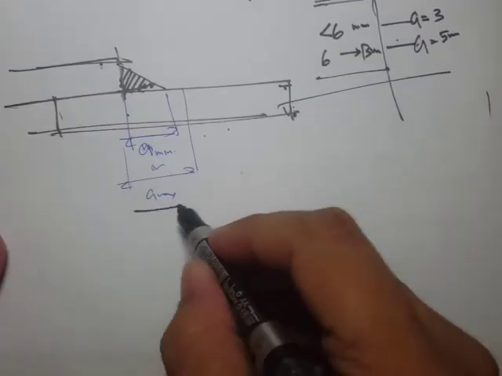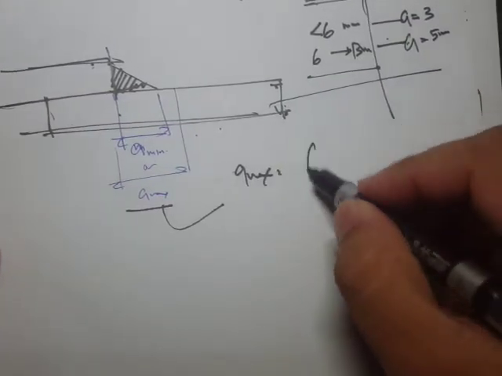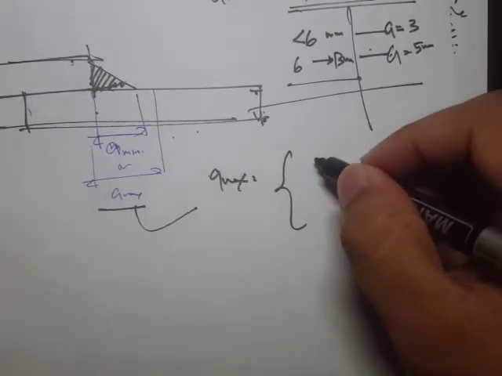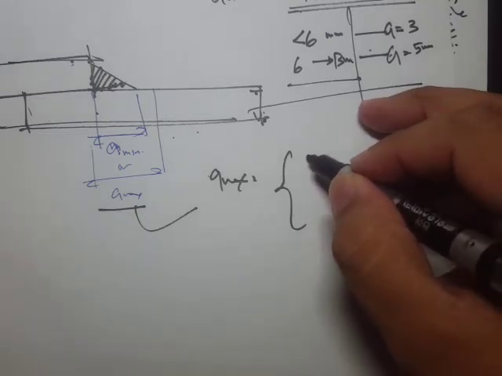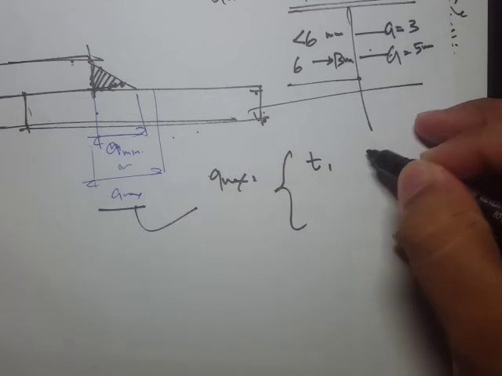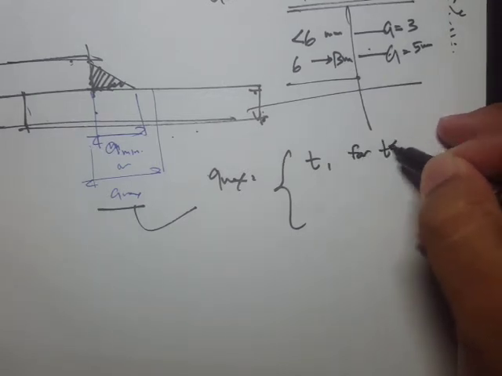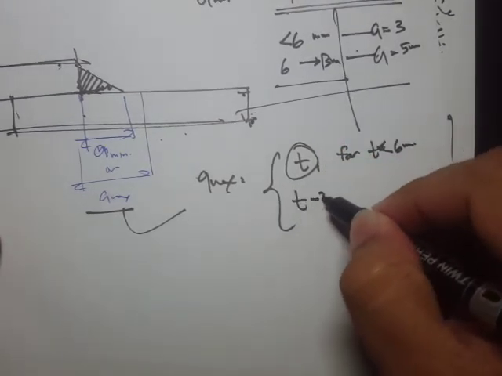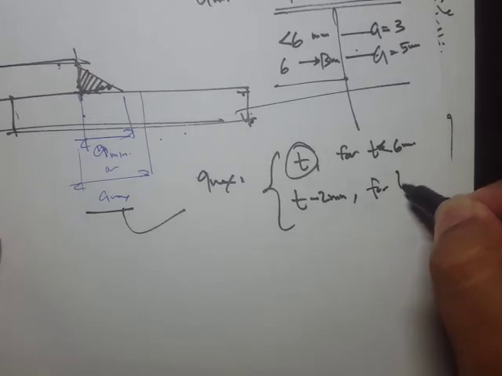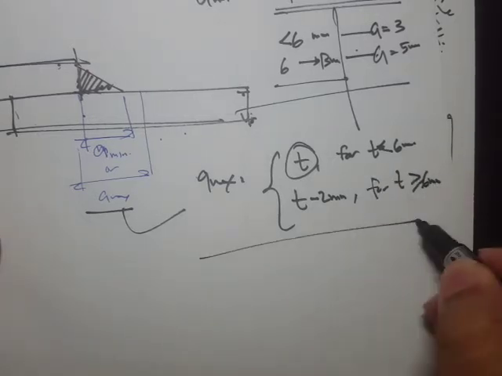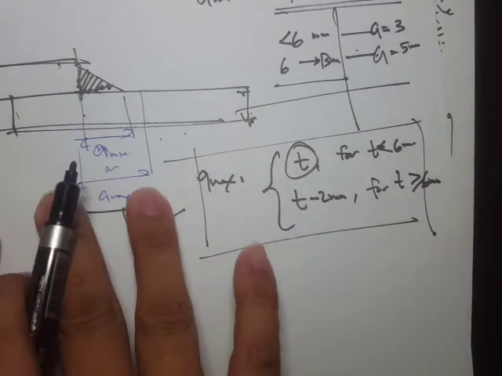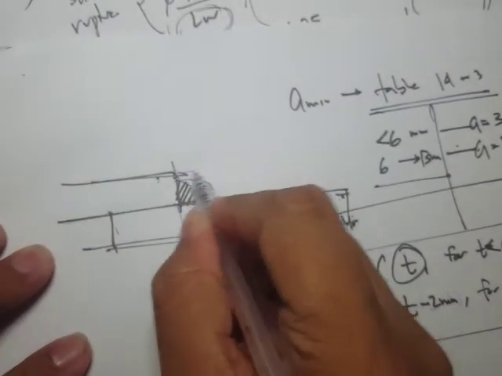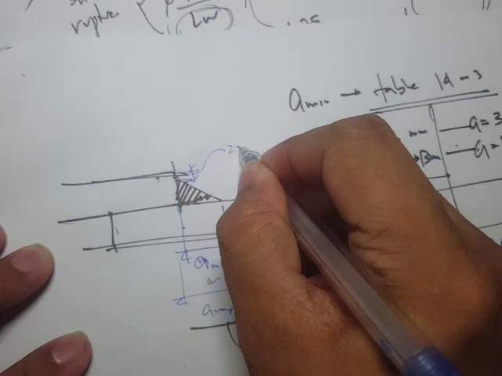For the maximum, for the A max, we have two conditions. If our material is less than 6 mm, then we just use T. But if it is greater than 6 mm, then T minus 2 mm. So that's our A maximum, meaning you would notice this minus 2 is the 2 mm.